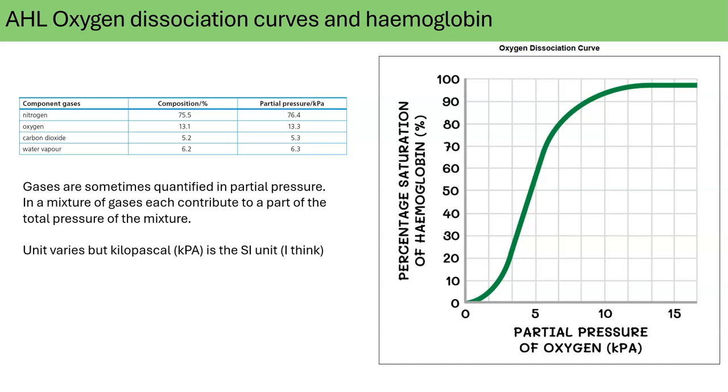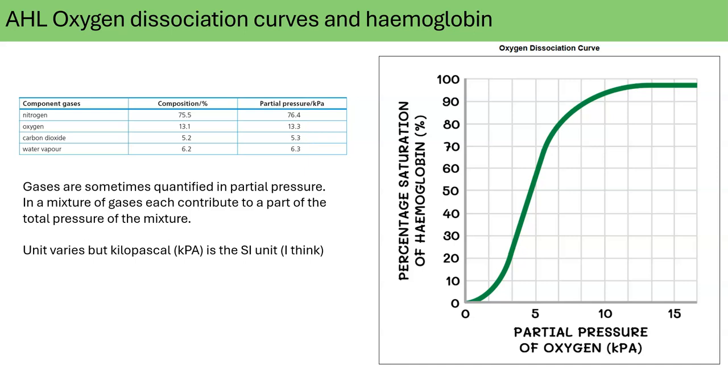The contribution of a single specific gas to that total pressure is called the partial pressure. So it's basically if you take the full pressure of the mixture and the percentage of molecules of that gas in the mixture, I think you get the partial pressure that way.